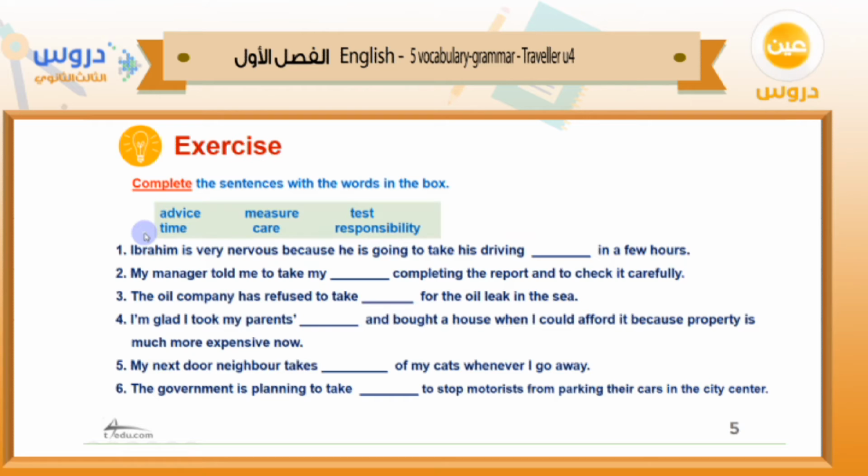Now we want to make this practice, and your mission is just to complete the sentences with the words in the box. We have 6 words and also 6 sentences: advice, time, measure, care, test, responsibility. Number 1, Ibrahim is very nervous because he is going to take his driving blank in a few hours. My manager told me to take my blank completing the report and to check it carefully.